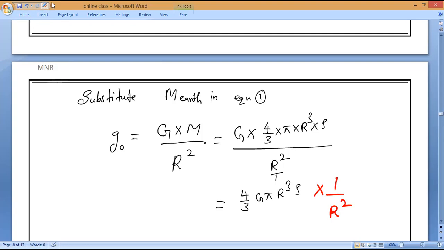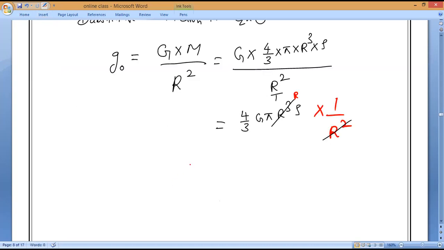Now, something will get cancelled. Here r square will get cancelled with r cube, and only one R is remaining. So g0 is equal to 4 by 3 into capital G into R into density.